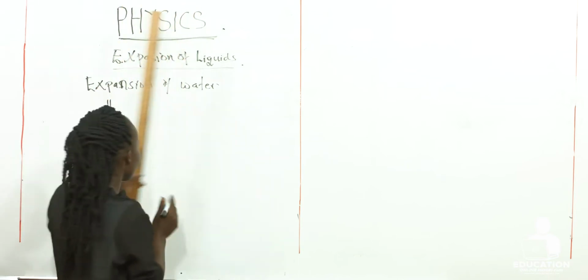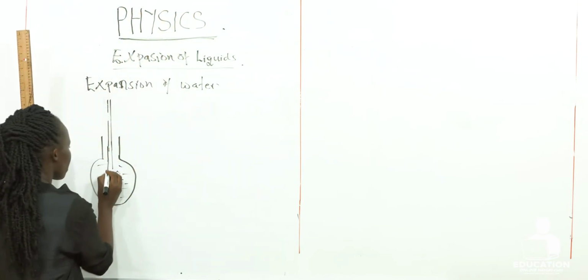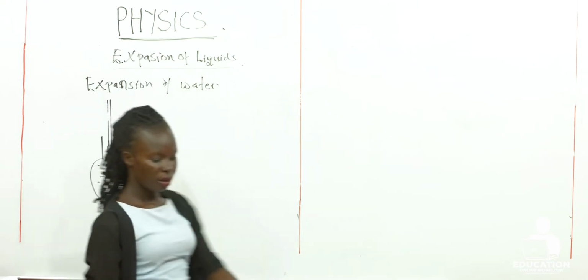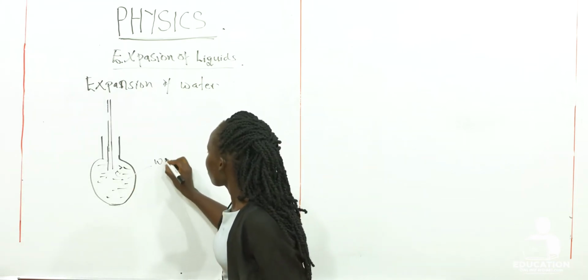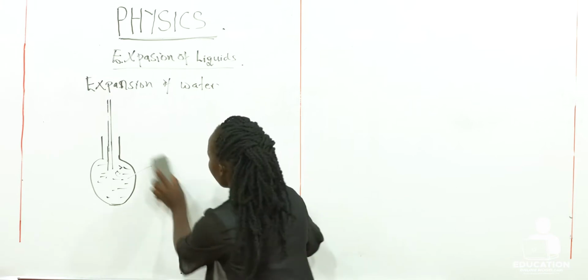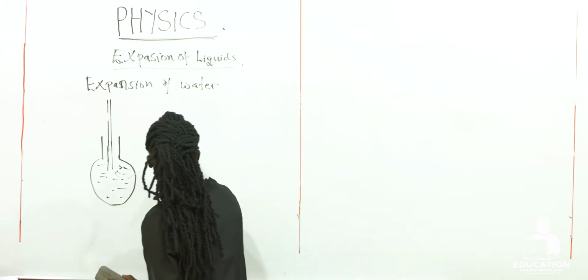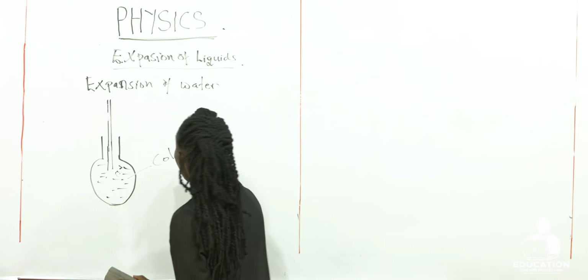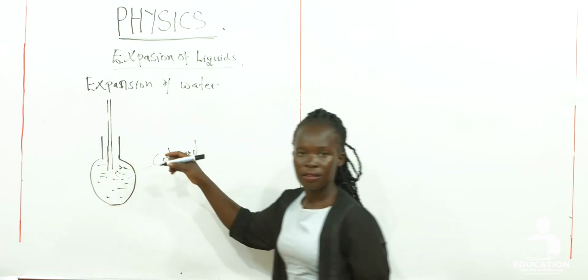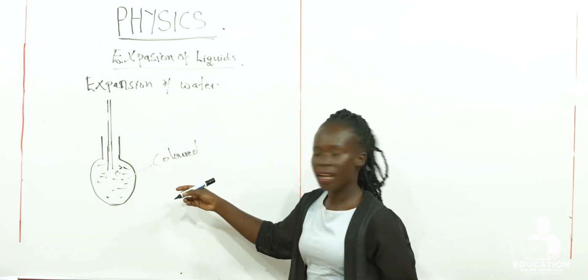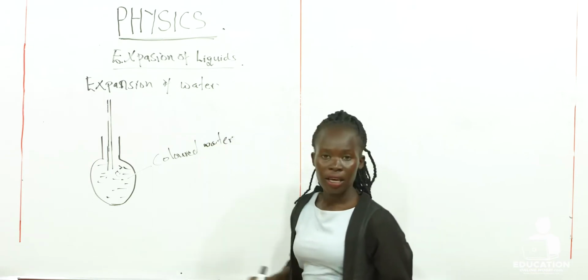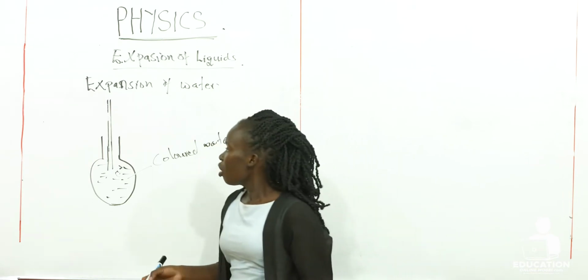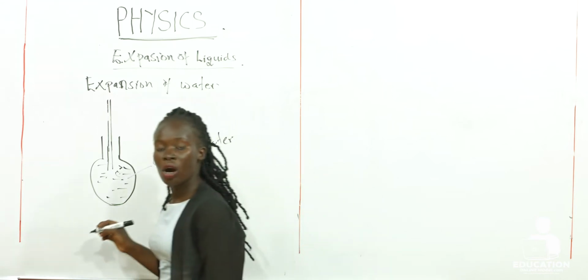For it to be clearer, your liquid should be colored water, because with colored water at least you will see the meniscus. If it is not colored, it's going to be hard for you to see the behavior in the tube. Then you cork your flask.